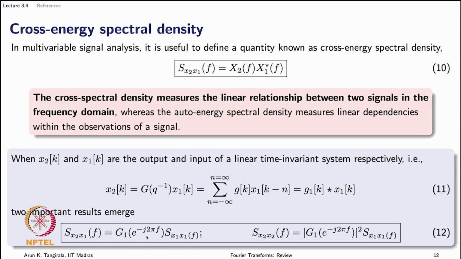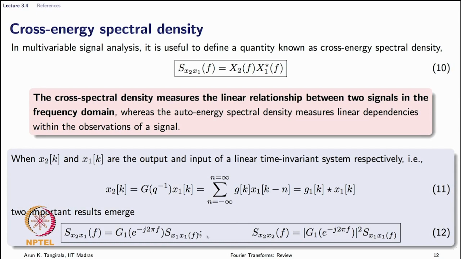So, this big G of e to the minus j 2 pi f is nothing but the discrete time Fourier transform of the impulse response coefficients that we have, which are denoted by the small g. And here we have the expression for the output spectral density in terms of the input energy spectral density. But now again the frequency response function comes into the picture, but the magnitude square now plays a role.